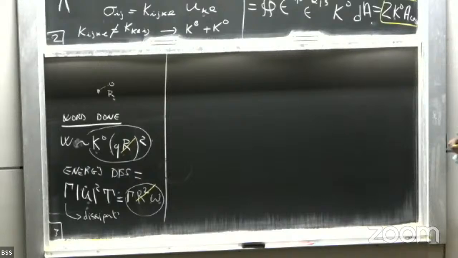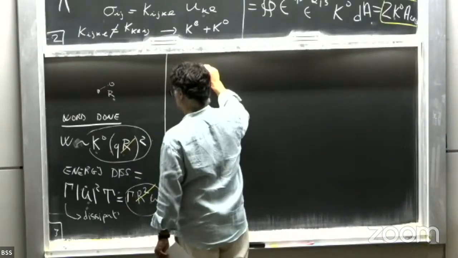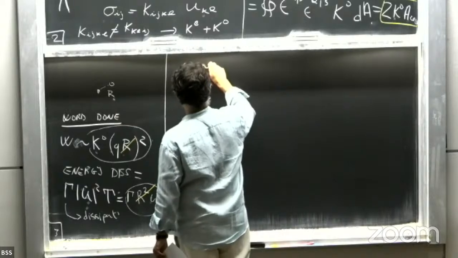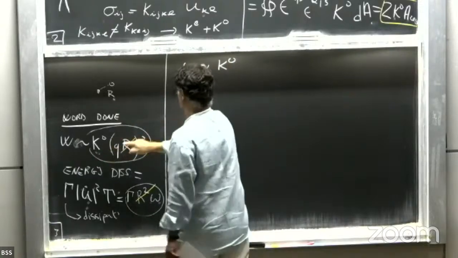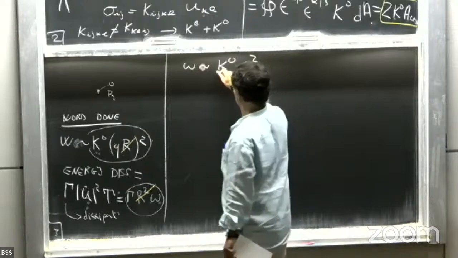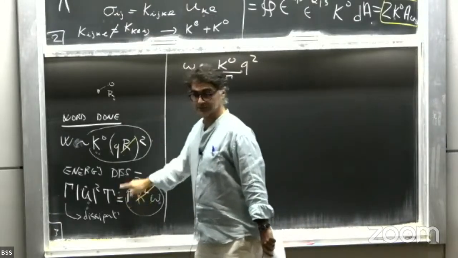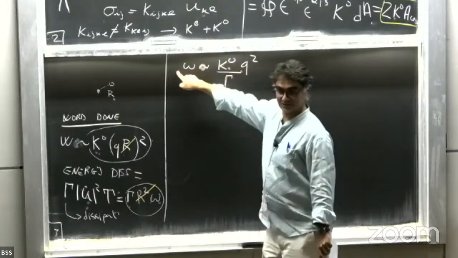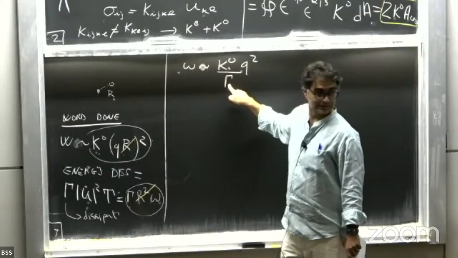That's the reason why it cancels. And then you get omega equal, well, equal is too optimistic, proportional to K naught Q squared, kind of interesting, divided by gamma. The larger K naught, the higher the frequency, you divide it by gamma.